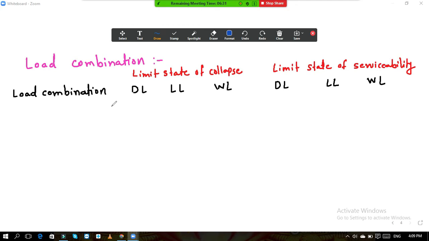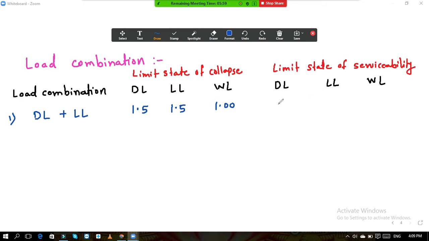So here the first load combination is dead load plus live load. The factor for dead load is 1.5. For live load this is also 1.5, and for wind load it is 1. So we multiply the dead load by this.